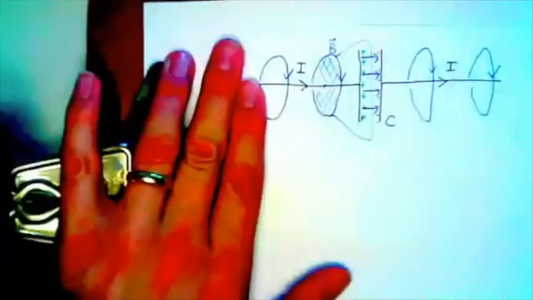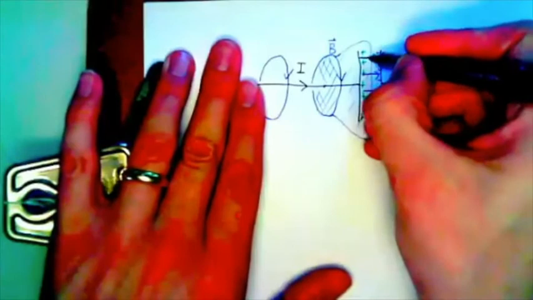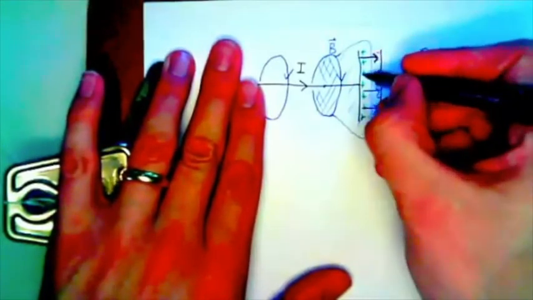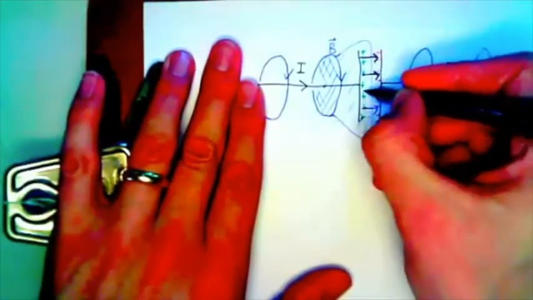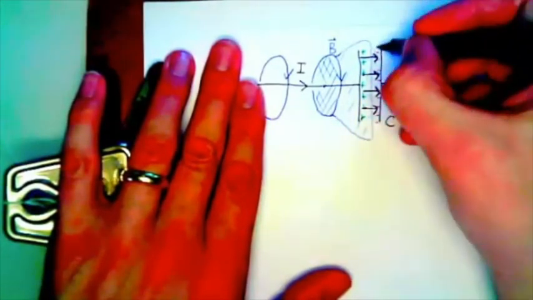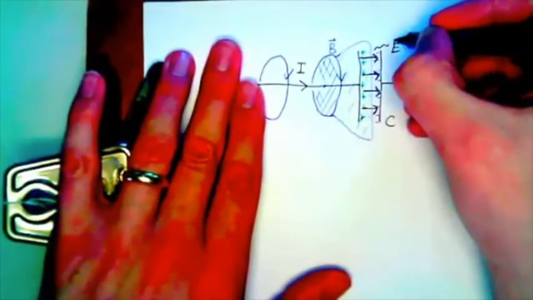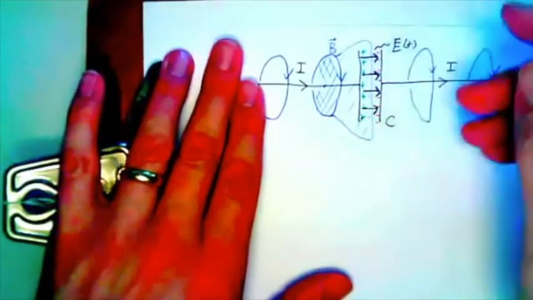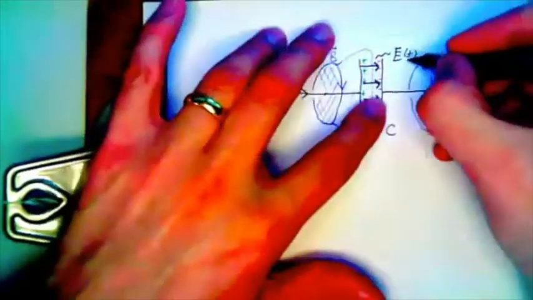That is confusing. Why am I using blue again? That is the E field as a function of time.